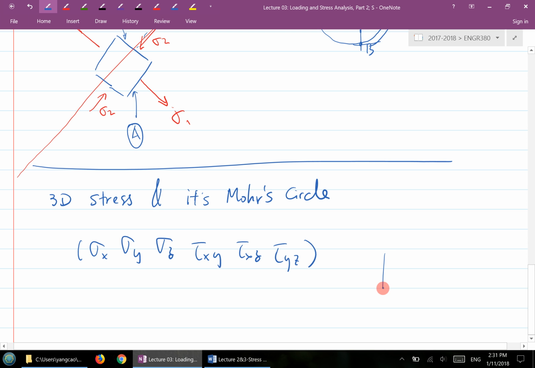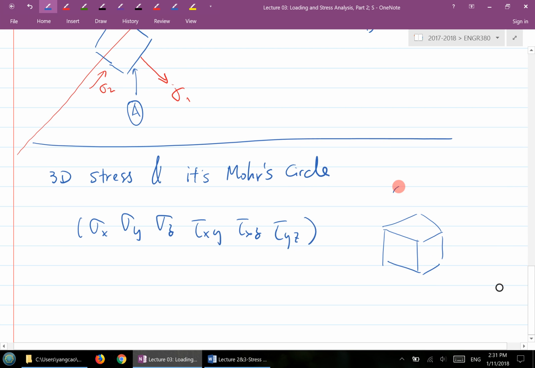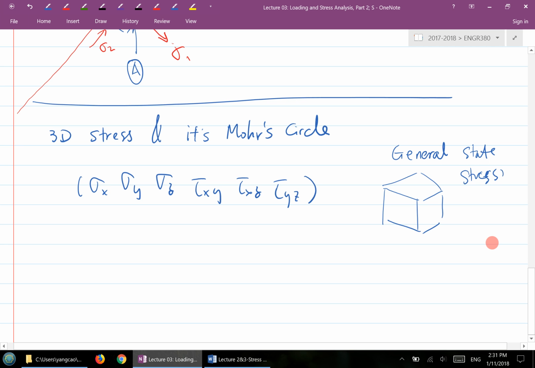If you draw a cube and you have all 6 components exist on the cube, that's 3D stress. This is the most general one. We do need to look at the most general state of stress. However, we're going to look at it in a much simpler way. But let's start with the general 3D stress.